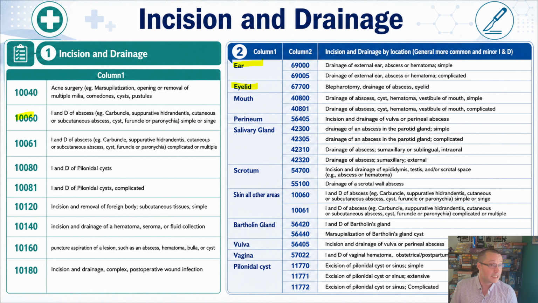People will generally default to this 160 code for every single incision and drainage, but those codes are only for skin of all other areas. If a code exists for one of these specific locations, you should report those codes instead. Obviously, they have higher RVUs, and they're also more specific codes, so they are worth reporting.